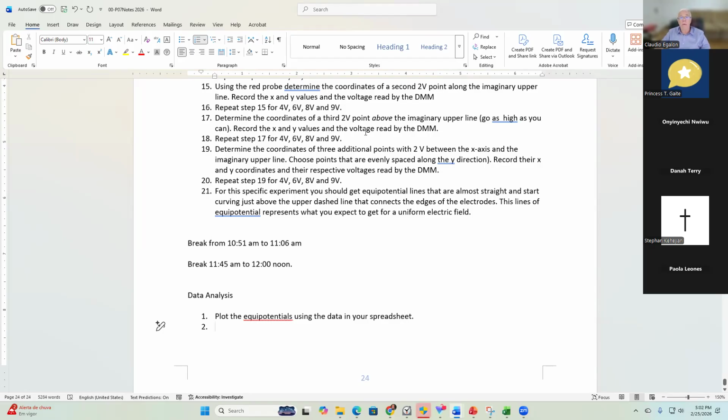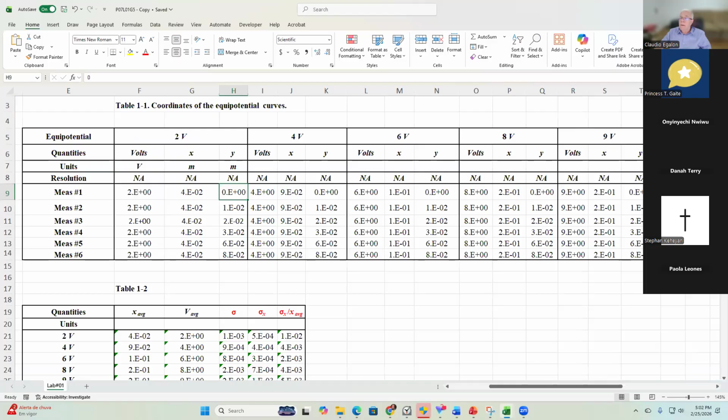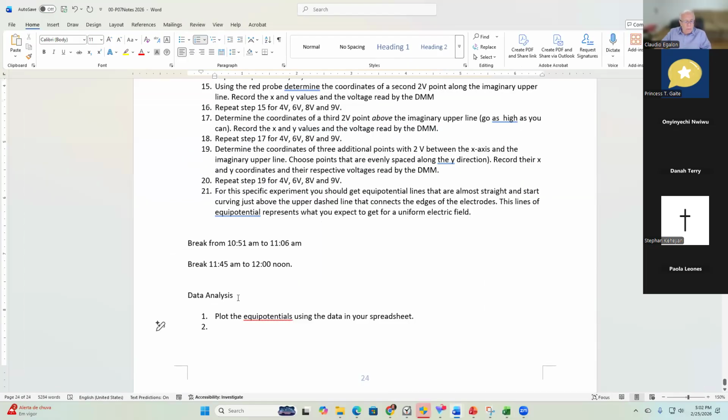It's not just like a regular X and Y graph. It's more than that. I want to walk you through what we're going to do. What are you going to do? 1, plot the equipotentials, using the data in your spreadsheet. Next, what are you going to do next?